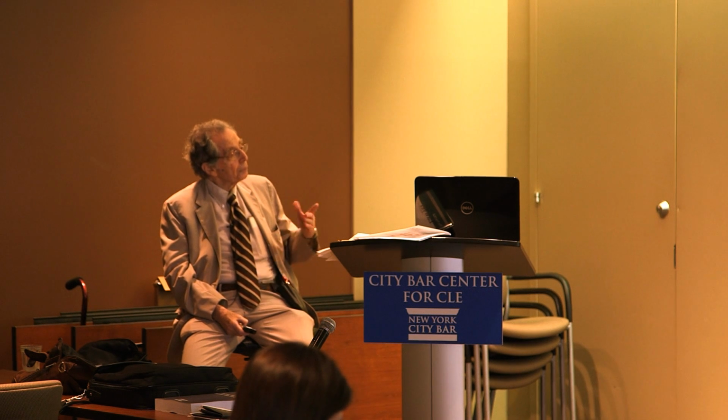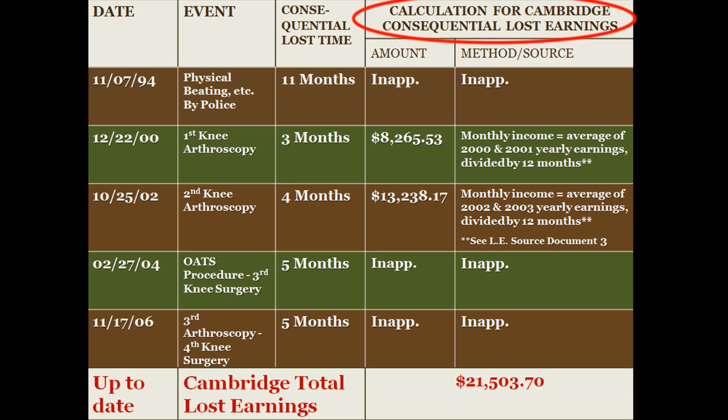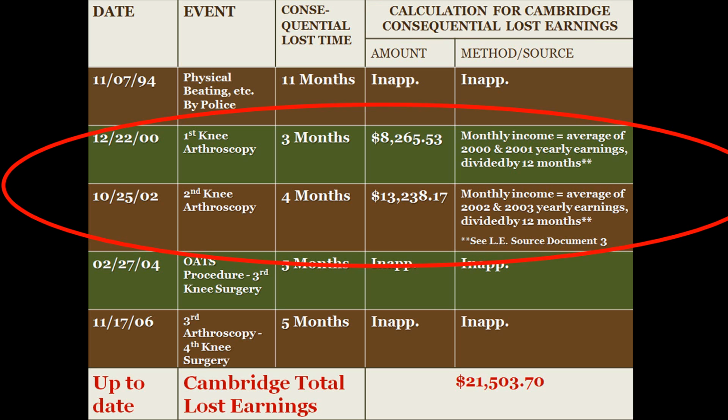Then I had a separate prep slide for the lost earnings figure due to the lost time from Cambridge Office Services. And you'll see that he lost income from working for Cambridge in 2 of the periods, only 2 of the 5 periods of his recovery, of the time he needed to recover from treatment.